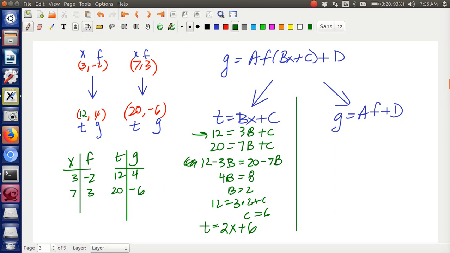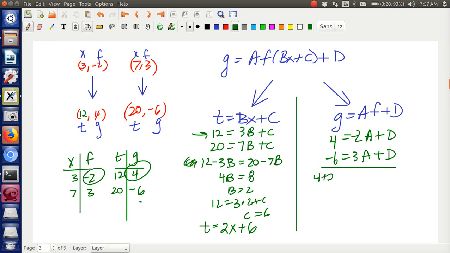That's t. And then we use the f and the g columns to figure out g is equal to a f plus d. Don't worry about whether it's f of t or f of 2x plus 6, because it's the same f values. Those same f values are getting matched to these g values. So g is 4 when f is 4, and then the other one is negative 6 equals 3a plus d, and again we set them both equal to d.